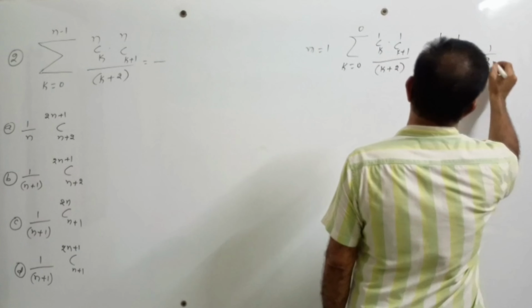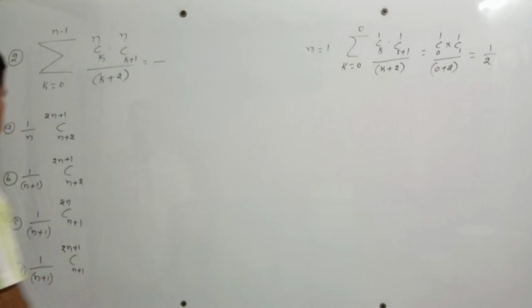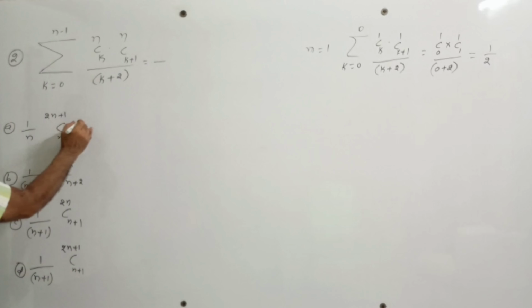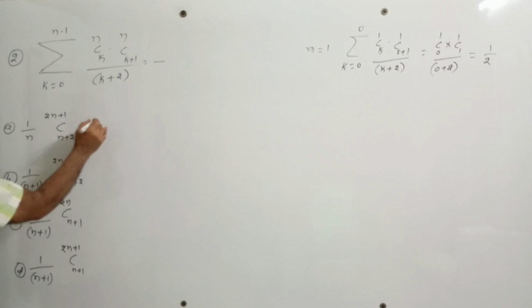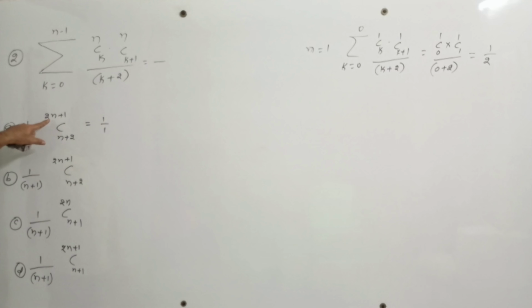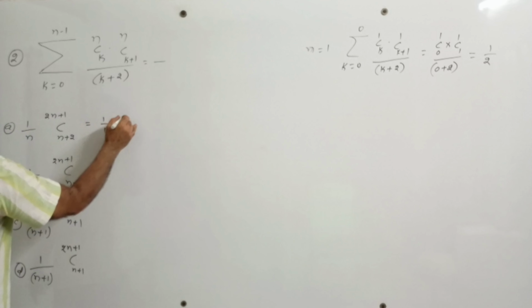Just to verify in which option we are getting 1 by 2. By verification, for n is equal to 1, first option becomes 1 by 1, 3C2, 3C3. 3C3 becomes 1.